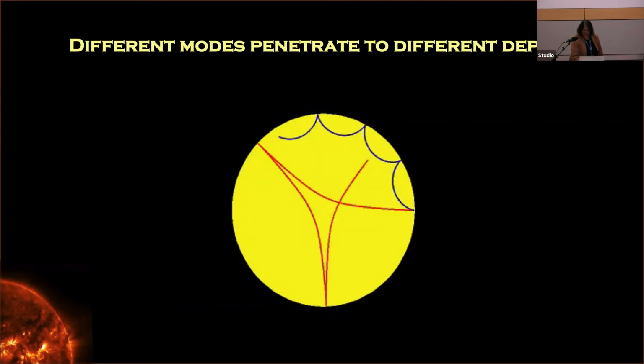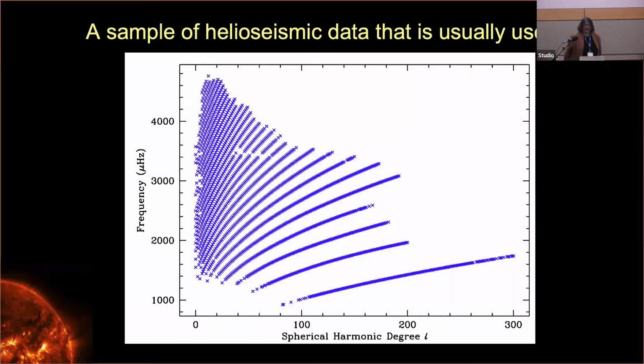Okay. What do the data look like? So this is a set of data that I normally use. This is known as an L-nu diagram because the spherical harmonic degree L is on the x-axis and the frequency nu is on the y-axis. And these ridges, so this is the F mode, N of 0.